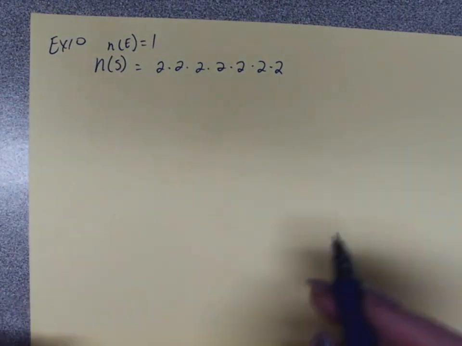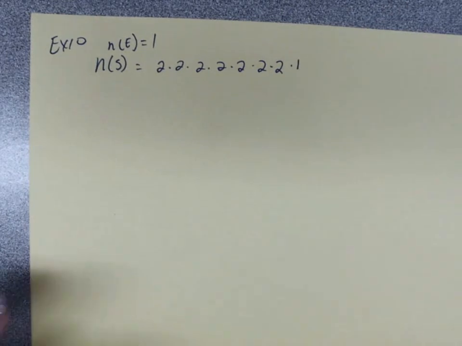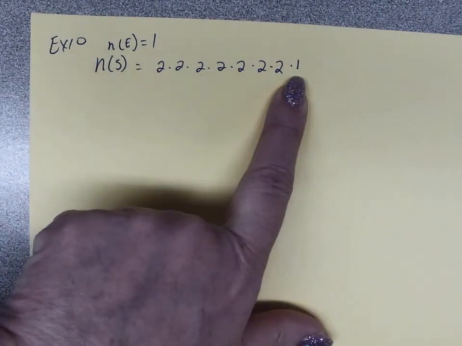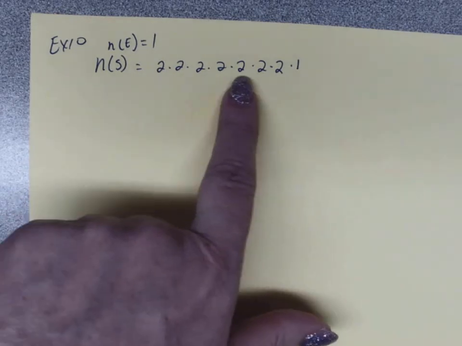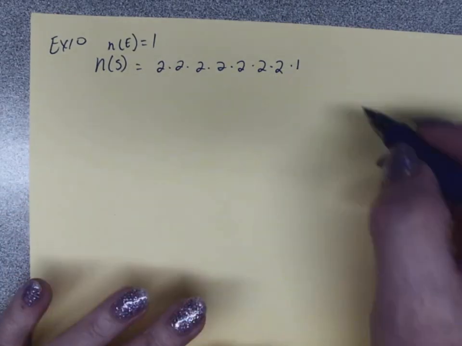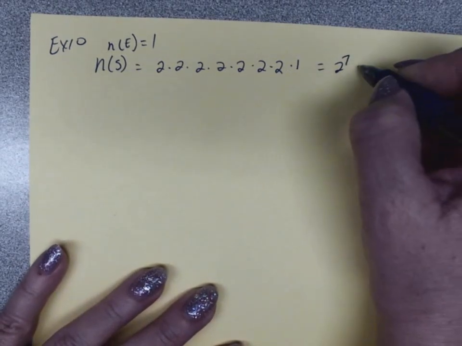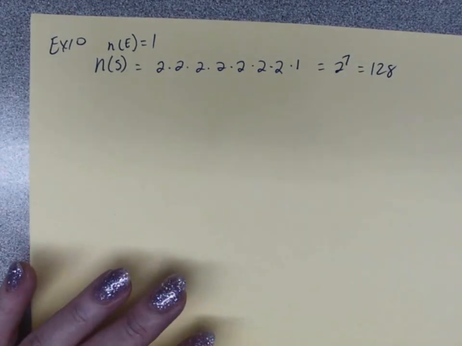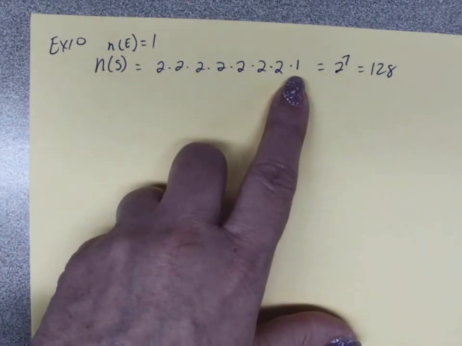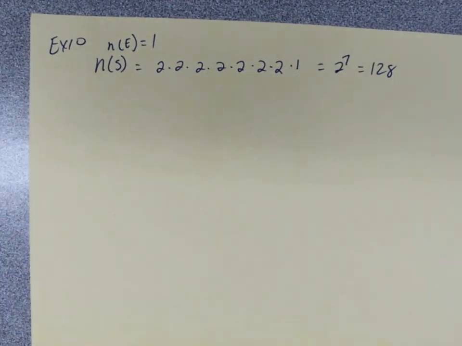It's a two-headed coin, so there's only one outcome for that. It doesn't have two outcomes. It has one outcome. So I have 7, 2 times 1. Well, times 1 won't change it at all. So this will be 2 to the 7th, which is 128. With that double-headed coin, it only has one outcome. It no longer has two outcomes.